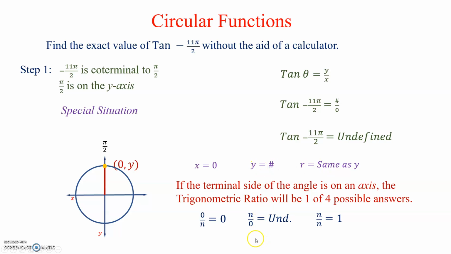And the last possibility is a number over its opposite, meaning if you were in the bottom section of the y-axis, then the y-coordinate would be negative, but the radius would still be positive. But both of them would be the exact same absolute value.